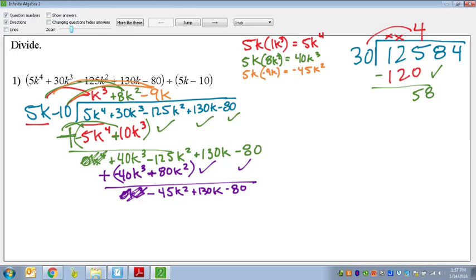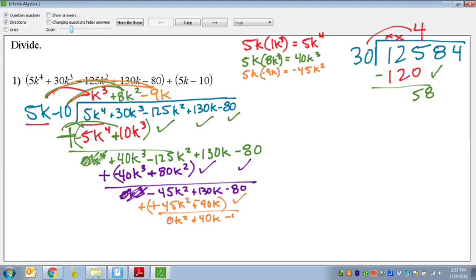And that's going to give me negative 45k squared plus 90k. All right, and then we change the signs of everything. So it's going to become positive 45 minus 90k, which is going to give me 0k squared. And that's going to be positive 40k.